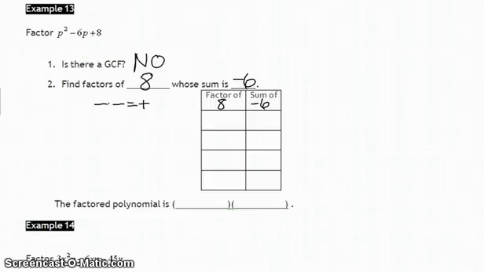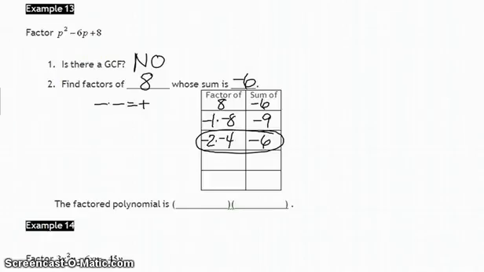So the factors negative 1 times negative 8, when I add them, I get negative 9, not my set. So I go to negative 2 times negative 4. Multiply them together, I get a positive 8. When I add them, I get negative 6. That is my set. That's the one that works for me.